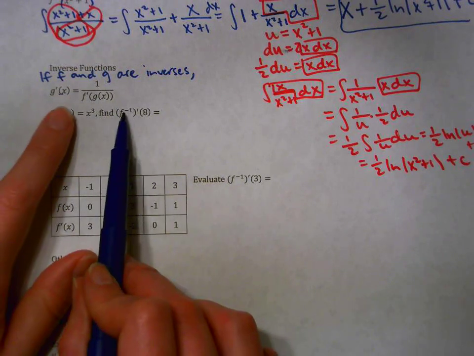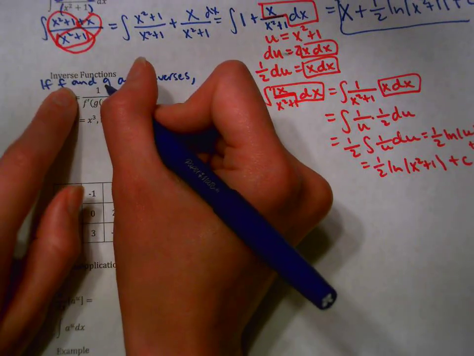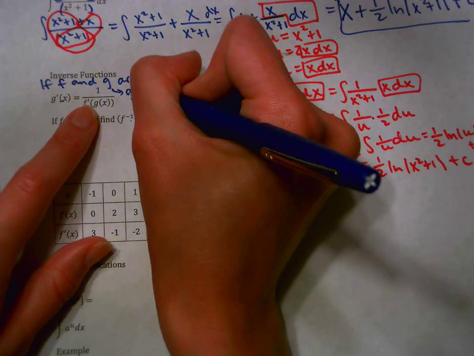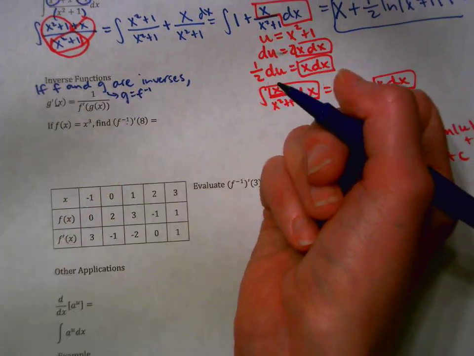You can also put it in this inverse notation, right? Another way is if g is the inverse of f, then g equals f negative 1. That's the notation for inverse.